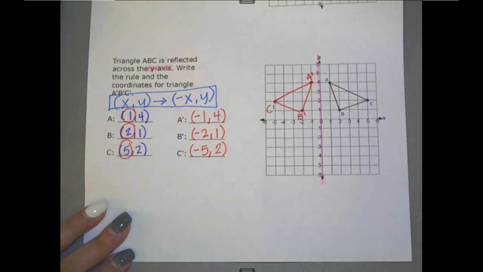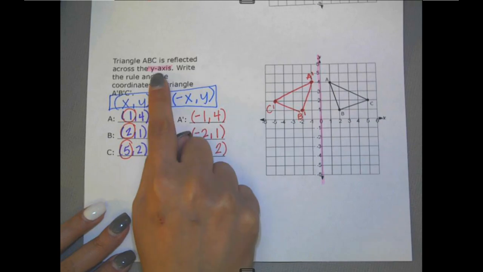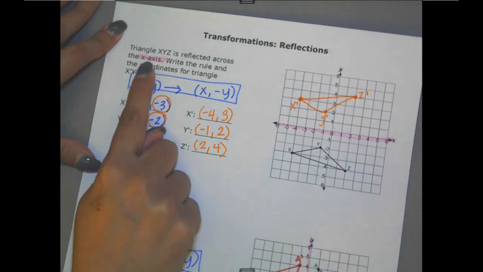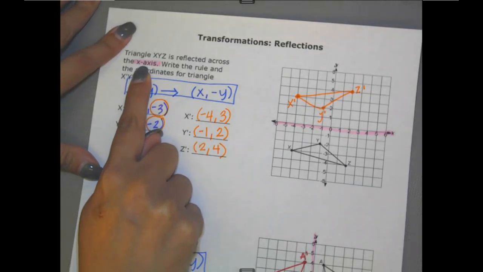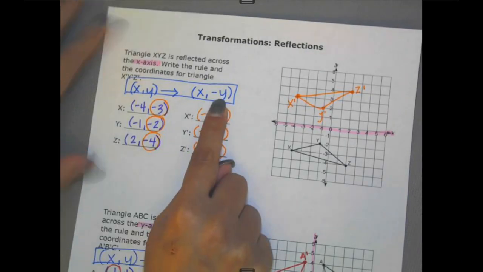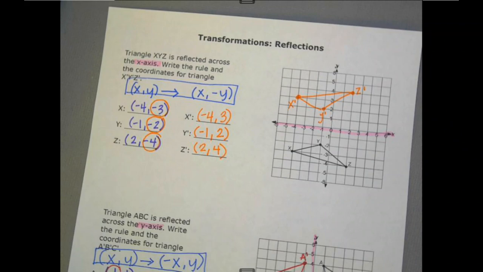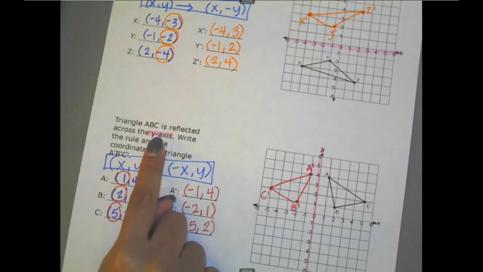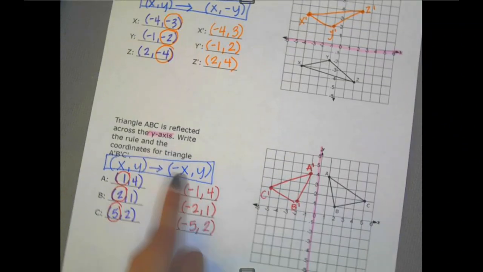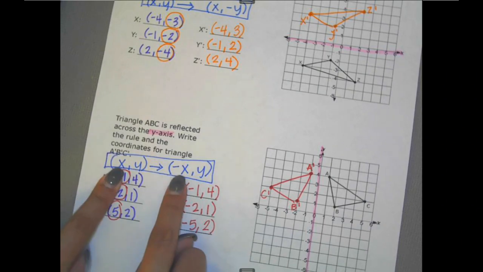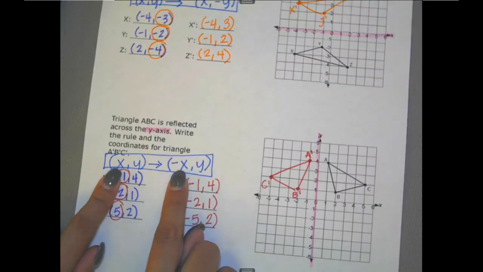The main thing I need you to realize is that we are changing, and by changing, I mean doing the opposite coordinate from the axis. So for the first example, we reflected over the x-axis, so we did the opposite of our y coordinate. And for our y-axis, the opposite coordinate would be our x, and we went from a positive to a negative, which is the opposite operation.